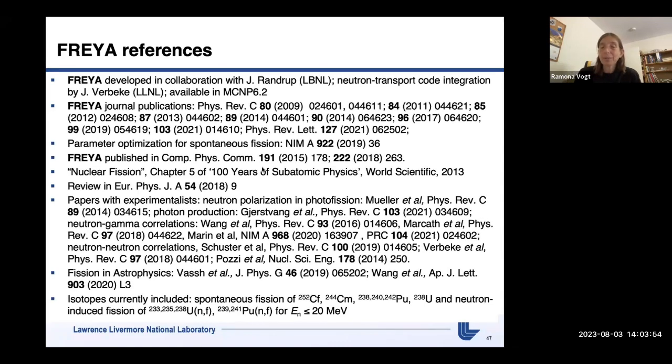It's not always measured in coincidence with fragments. It's complicated to do a really complete coverage of fission events and fission experiments.